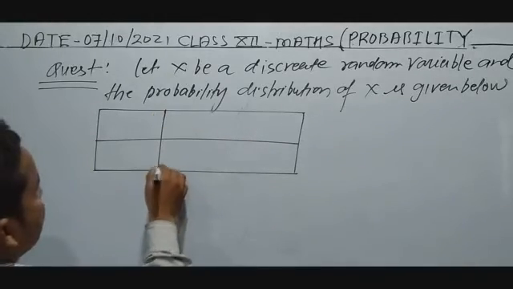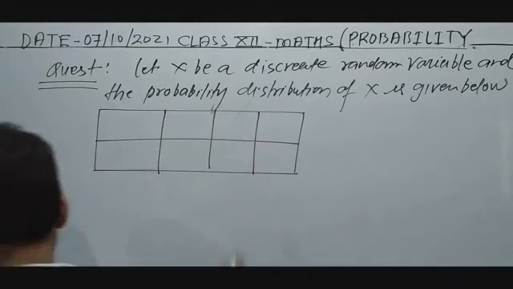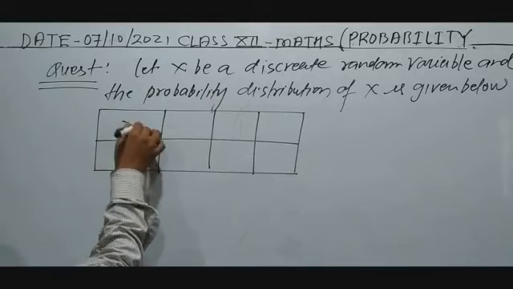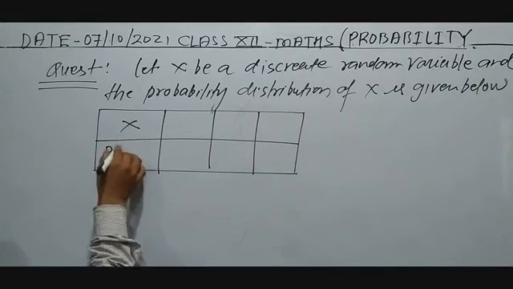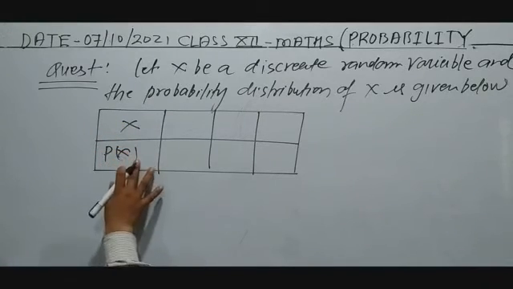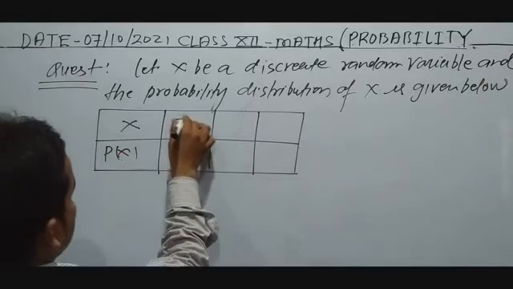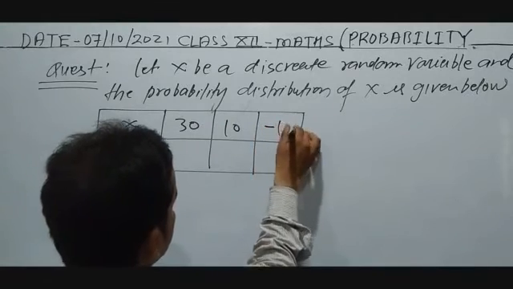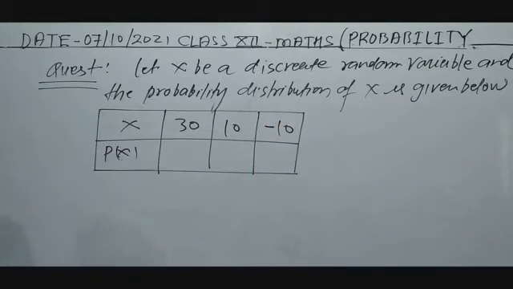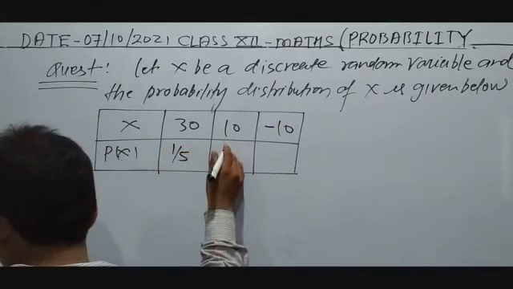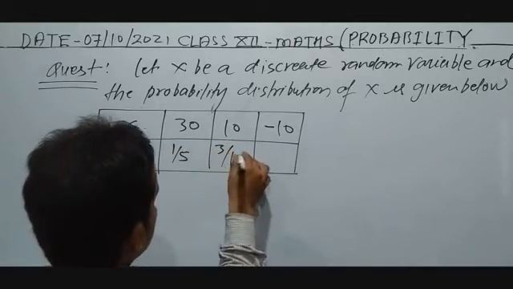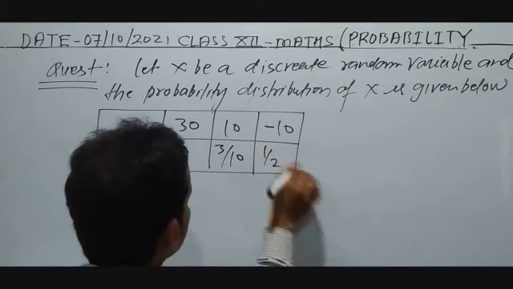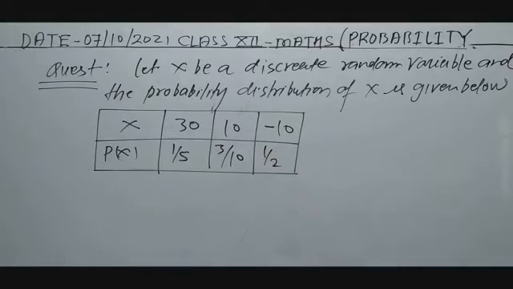This is the probability distribution table. Here are the random variables and their corresponding probabilities. The random variable values are 30, 10 and minus 10, and their probabilities are 1 by 5, 3 by 10 and 1 by 2. This is the given probability distribution.